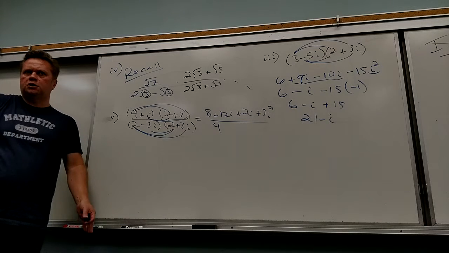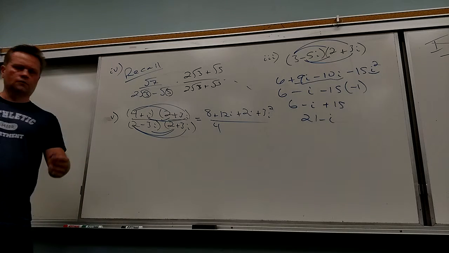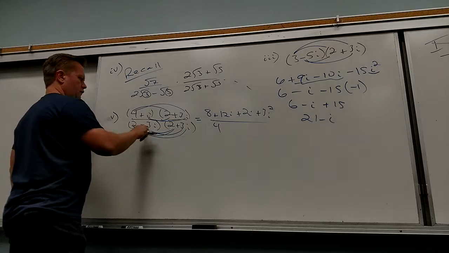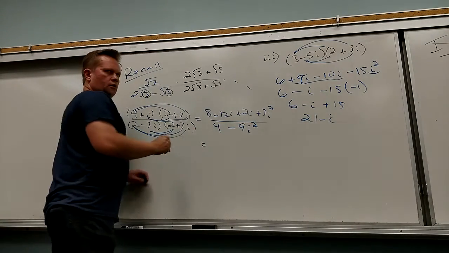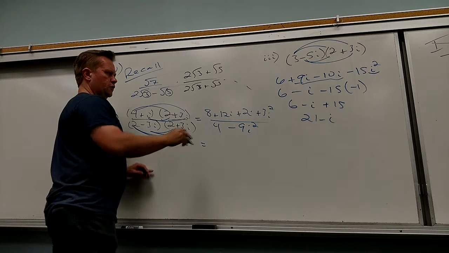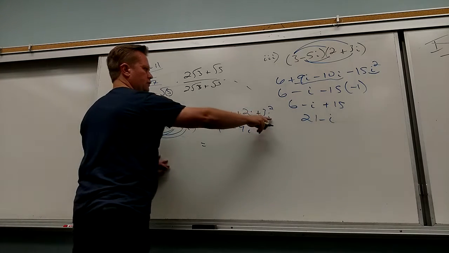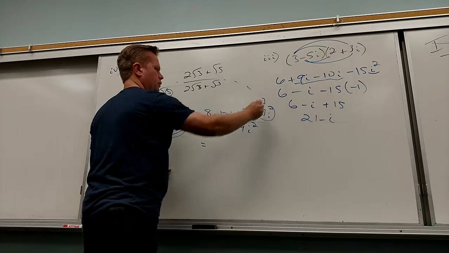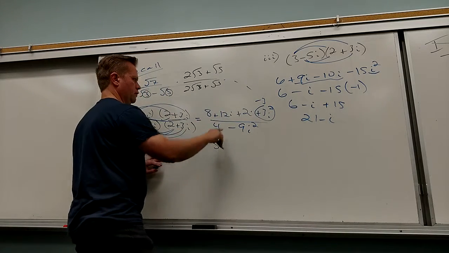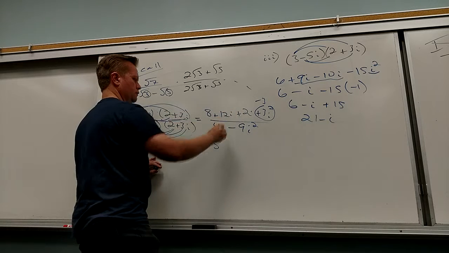When I do this conjugate thing, the middle is always going to cancel. And then I get negative 9i squared. What is i squared? Negative 1. So on top I get 8 minus 3 is 5 plus 14i.